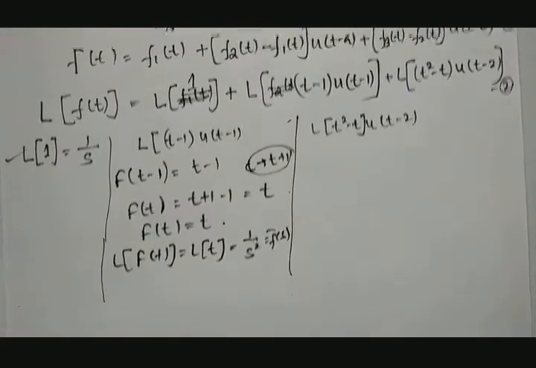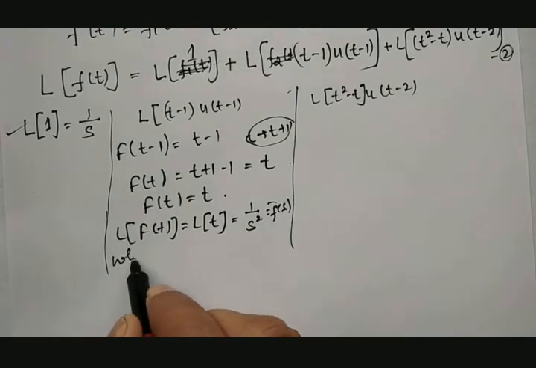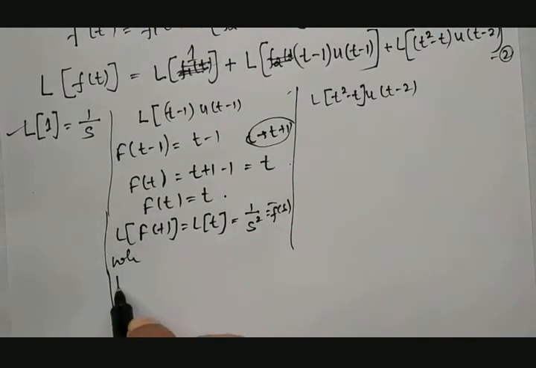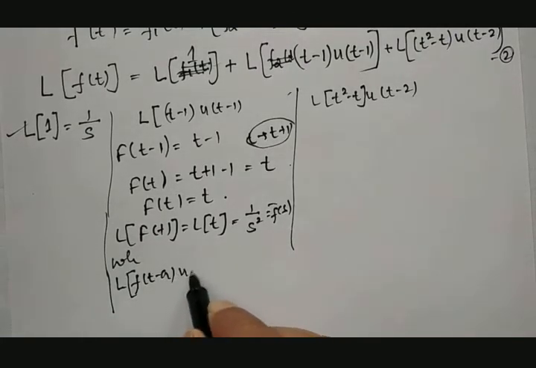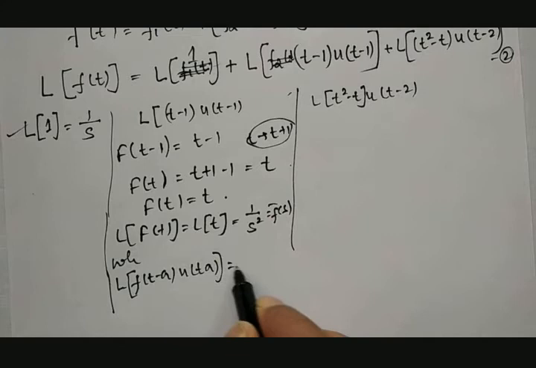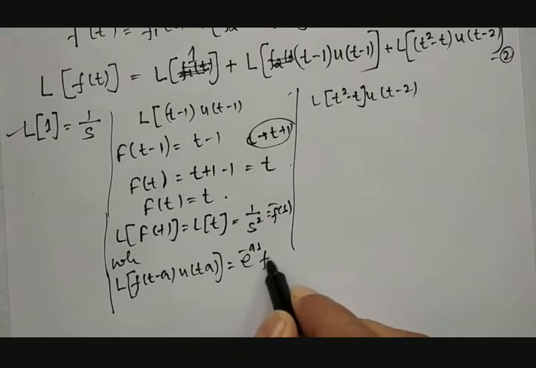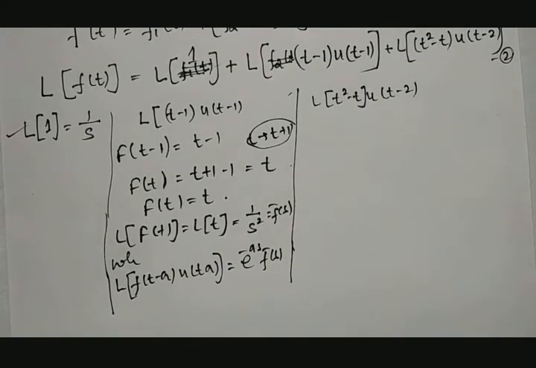Fine. Therefore, we have a property which says Laplace transformation of f of t minus a into u of t minus a is equal to e raised to minus as into f bar of s.